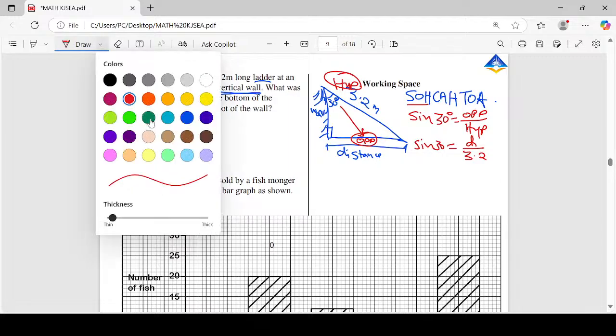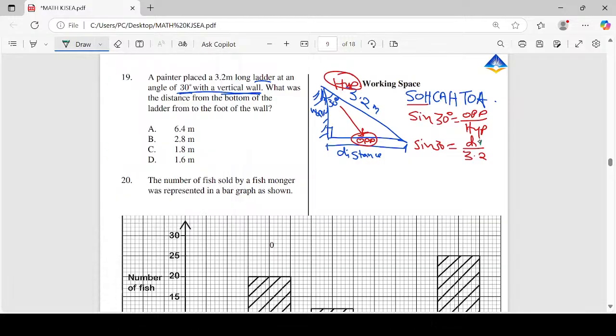If I want to finish it up, to get D, I'm going to multiply both sides by 3.2. So the 3.2 cancels.